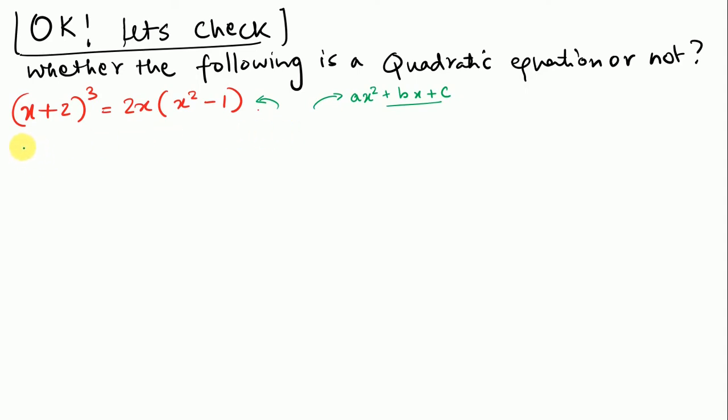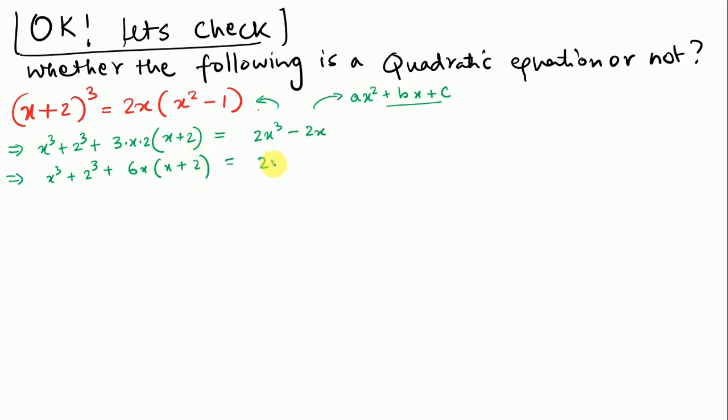So first we will expand using the identity a plus b whole cube. It will be x cube plus 2 cube plus 3 into x into 2 into x plus 2, equals 2x cube minus 2x.